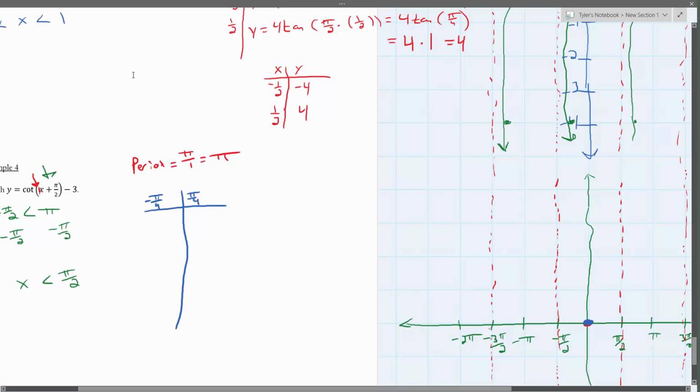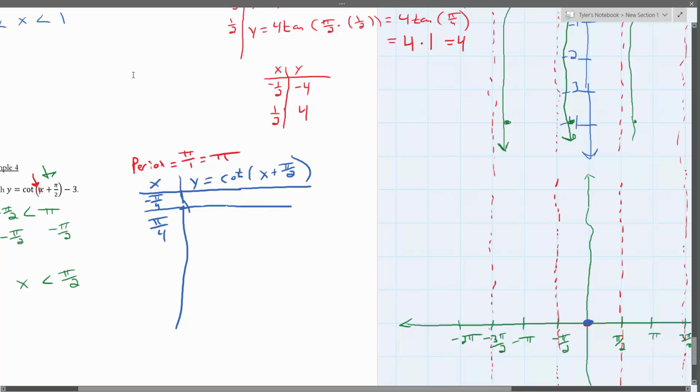Sorry, I meant to write that there. All right, so these are my x values. And just to keep in mind, right now what I'm thinking about doing is graphing this function, cotangent of x plus pi over 2, because we're ignoring that vertical shift for now.